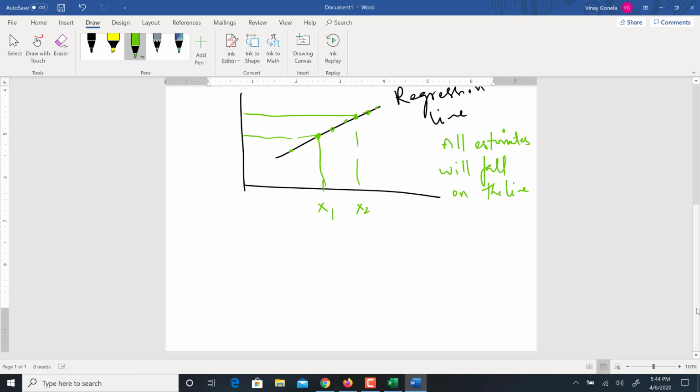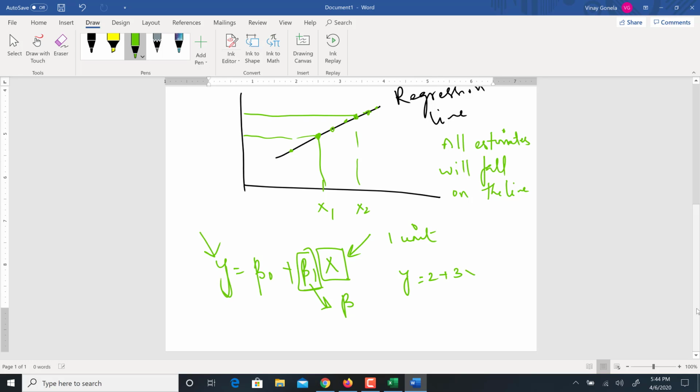If you have y equal to beta naught plus beta 1 x, any time you increase x by 1 unit, y will increase by the slope. So y is going to increase by beta 1. This is a very simple concept. If you have an equation 2 plus 3x, let's start putting x equal to different values.